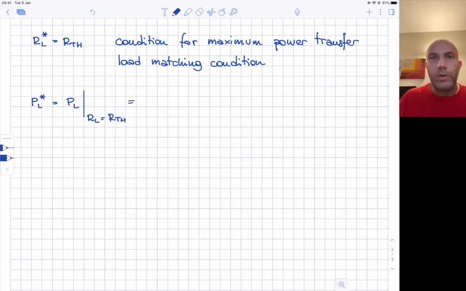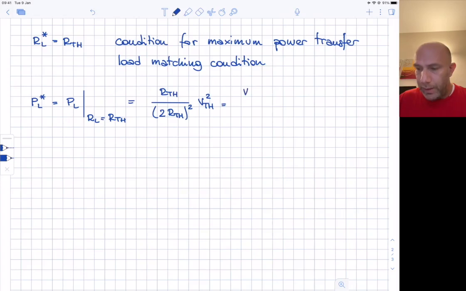If we substitute this value in the previous expression of the power, we have RTH at the numerator divided by 2 times RTH squared, times VTH squared, and so we have VTH squared over 4 times RTH.